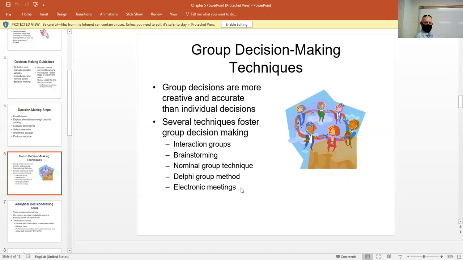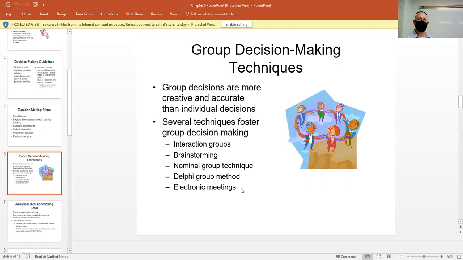So group decisions are usually more creative and accurate than individual decisions. Why do you think so? I want to address both parts of that. Why are they more creative? Yeah, you've got more minds working at it. Absolutely. More ideas coming from more people, different viewpoints.